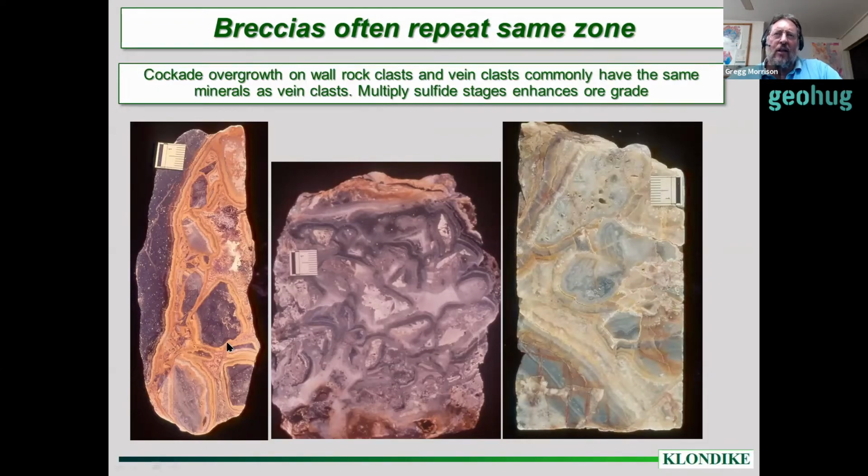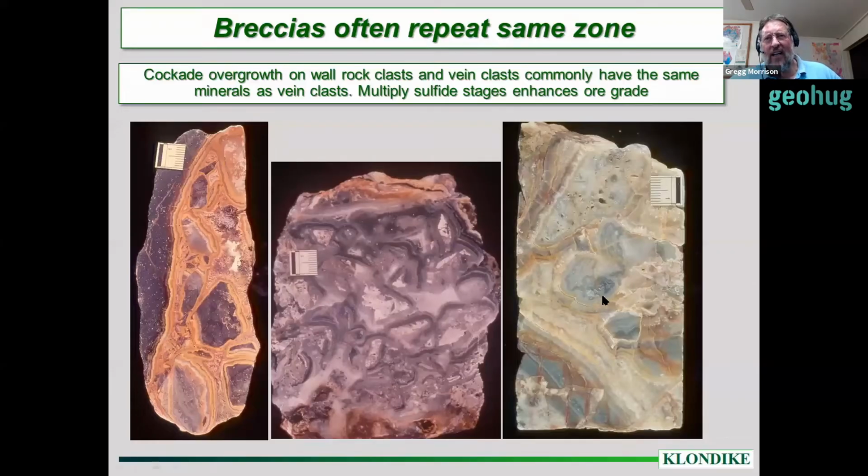So it's common to see that the clasts, and here these are wall rock clasts that have been silicified and have bands of fine crystals and sulfide in the actual clasts, and then there's an infill of new bands of sulfide and silica and late infill silica. So the quartz and the alteration in the clasts is often texturally quite similar to the infill, just that the sulfide's a bit more obvious here in the overgrowth on the clasts here.